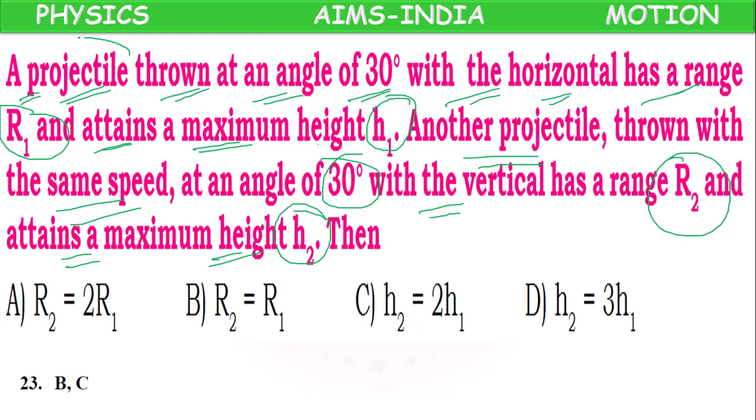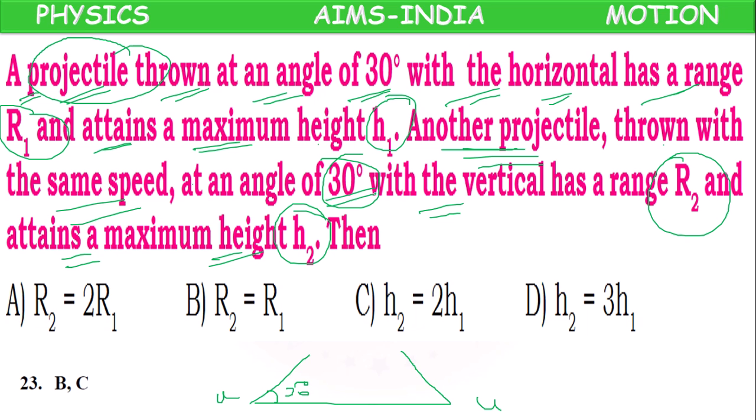Here, one projectile is thrown at an angle 30 degrees with the horizontal. But another projectile is thrown with the same speed, here also speed u. But how?